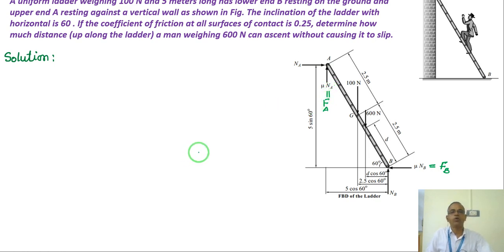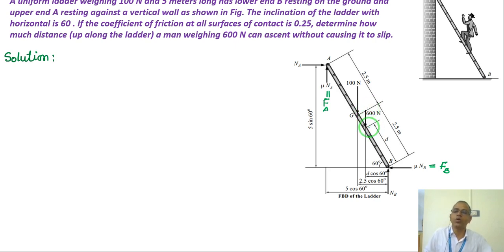Okay. Now what are the forces here? NB, FB, FA, right, and NA. Then the weight of the ladder, which is 100 Newton, and the person weighing 600 Newton.